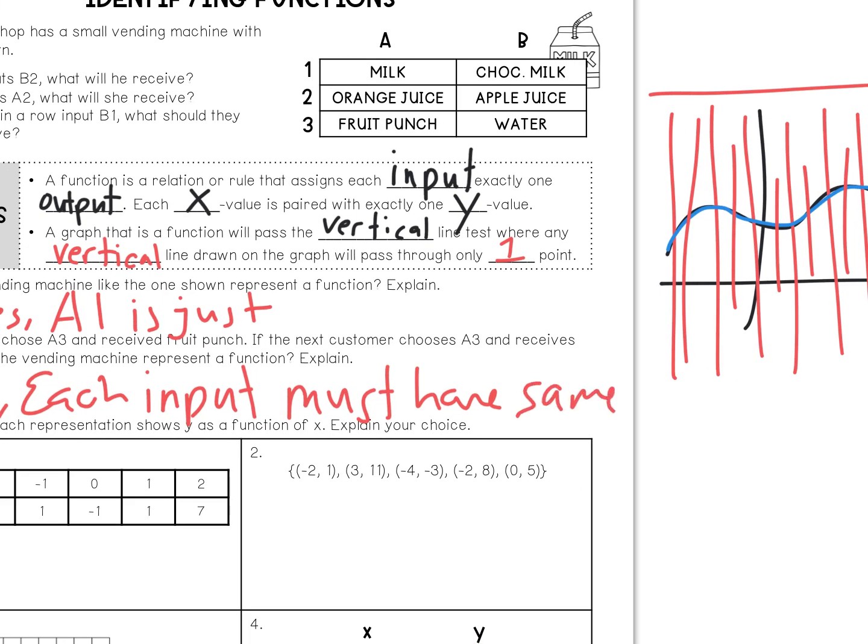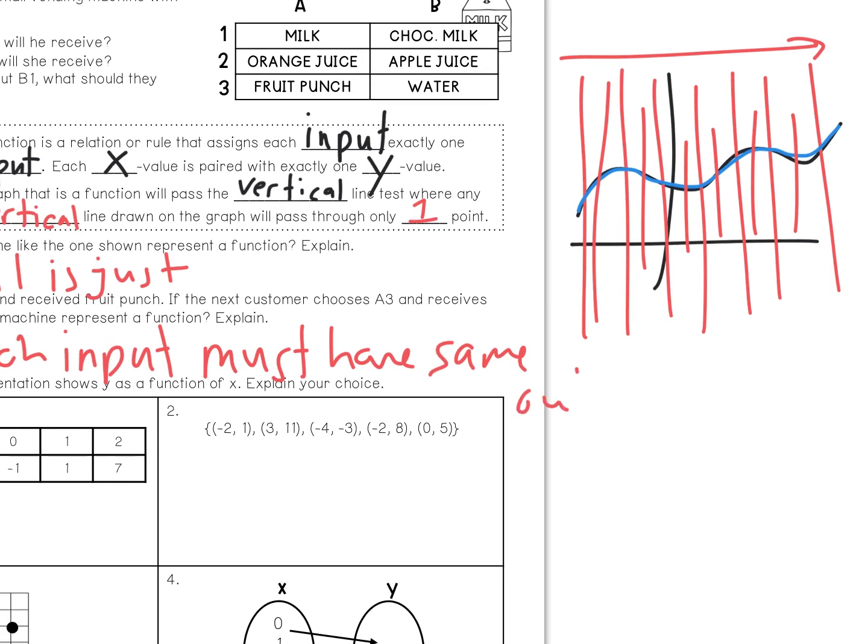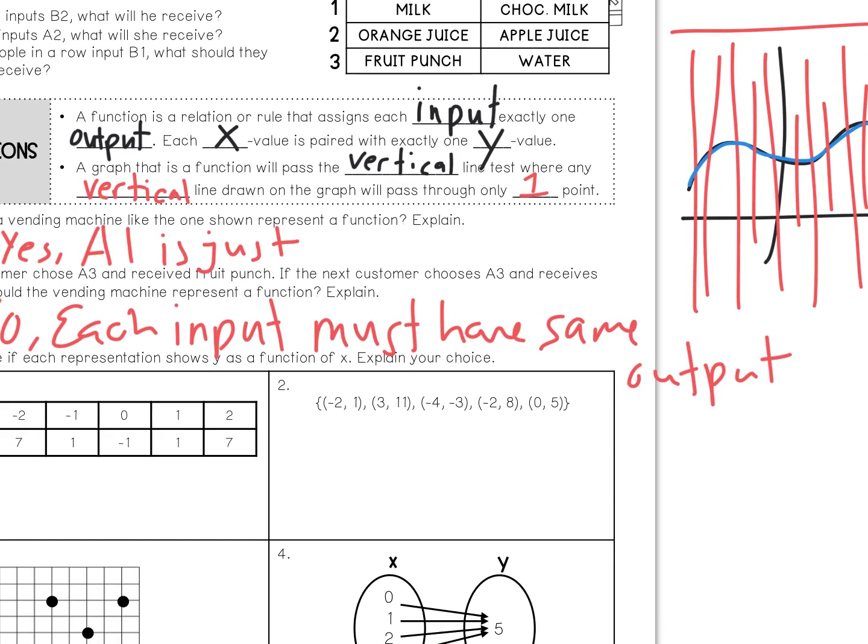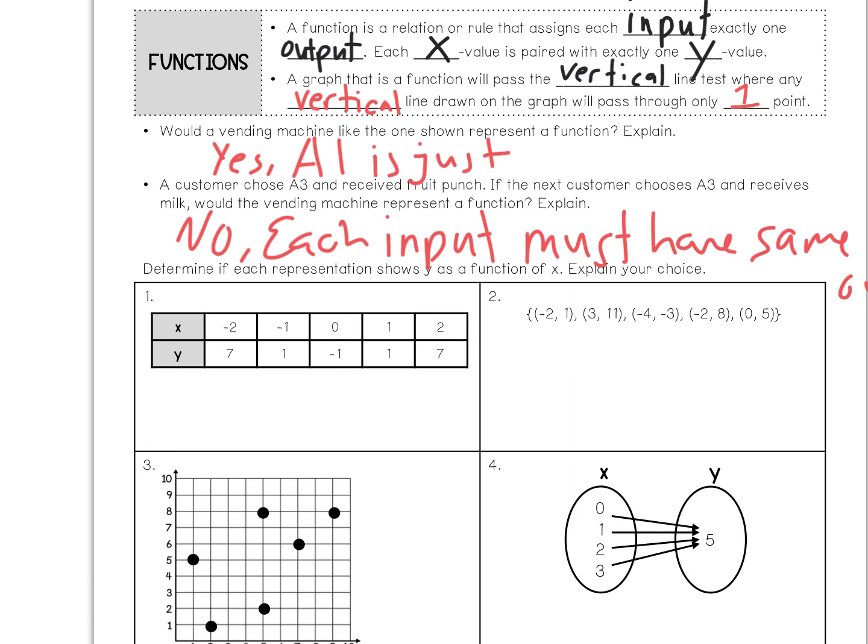Okay. Now, if we take this idea to number 1, what are we looking for multiple of? Are we looking for multiple of x, or multiple of y? We're looking for more than 1 in x.